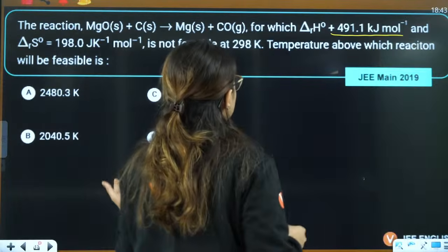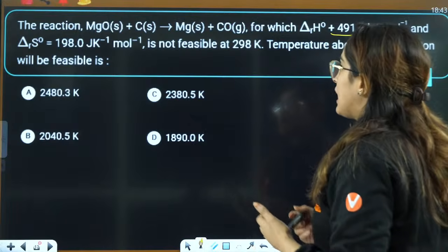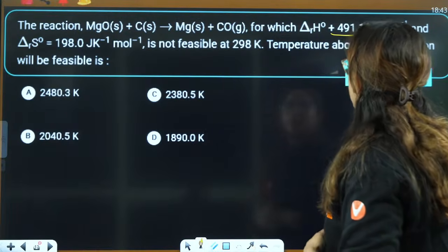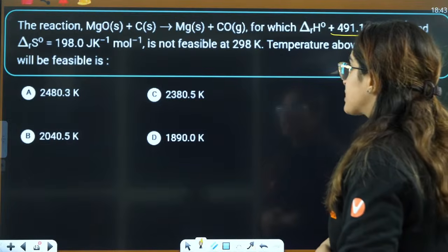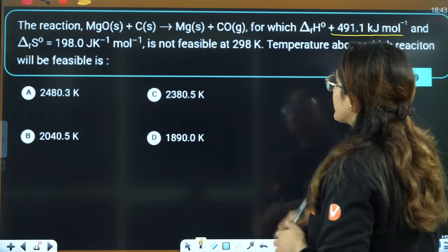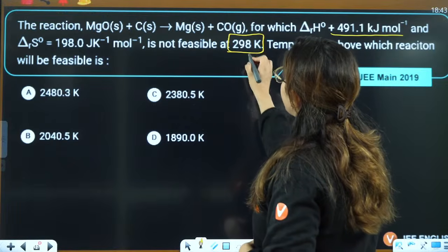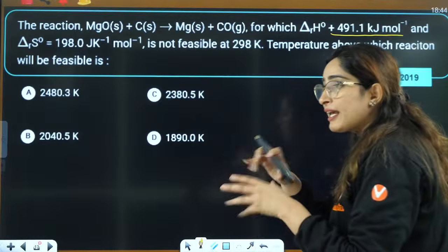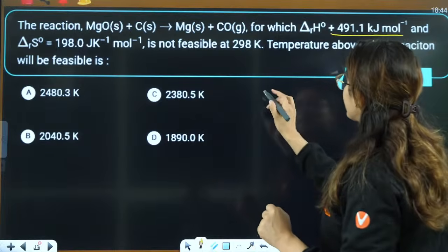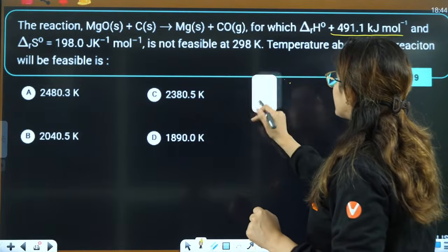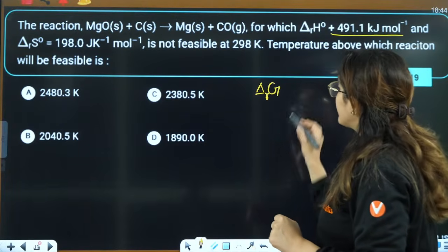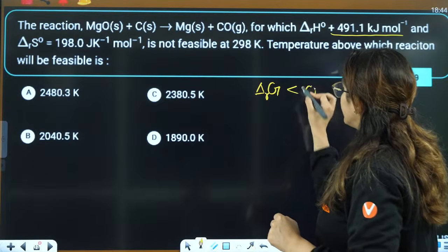The reaction is given, delta H is given, delta S is given. They are saying it is not feasible. The temperature above which the reaction will be feasible will be what? Now we are saying at 25 degrees Celsius, it is not feasible. That means it's a non-spontaneous process here. To make this a spontaneous process, we know that delta G has to be negative, right?